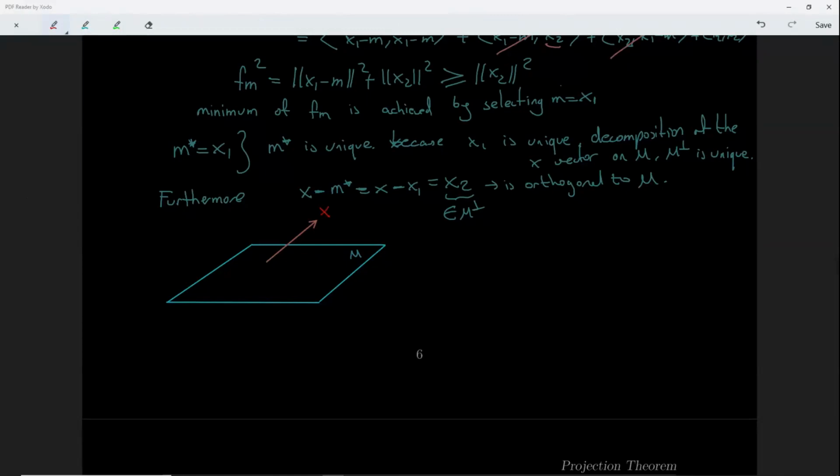Then what I'm looking for, among all possible vectors that lie in M, is the one that is closest to this x vector.